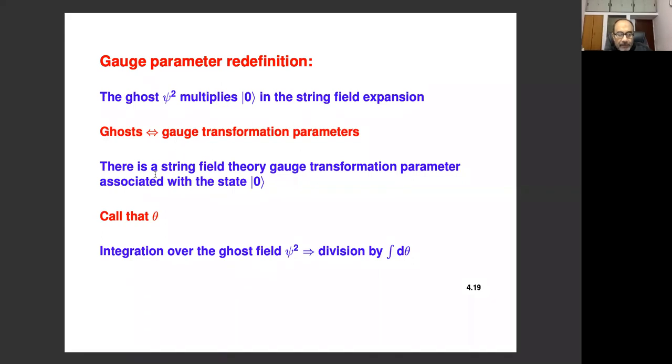Let's call the gauge transformation parameter associated with this vacuum state theta. Integration over the ghost field psi2 is like division by d theta. The question is, how do you carry out this division over the volume of the gauge group?